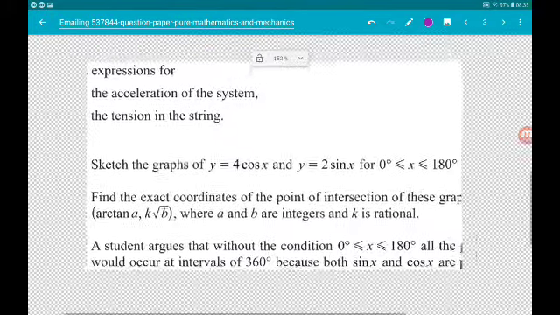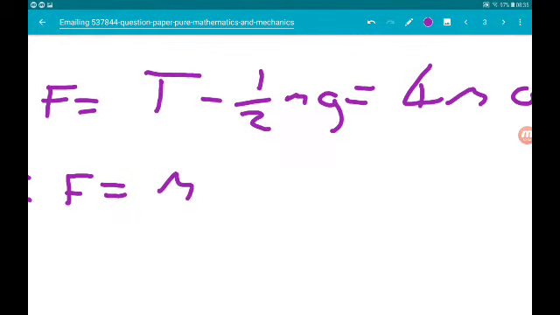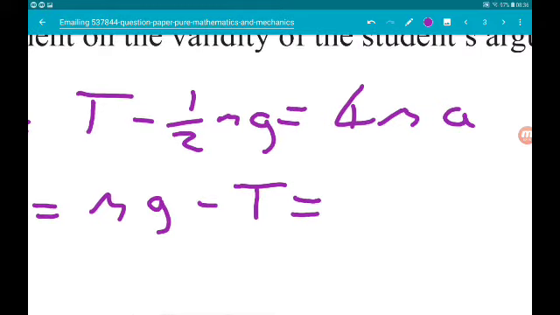So for the particle we say that mg minus tension, because the weight is winning and the tension is losing, so we take tension away from the weight. That is equal to the mass of the particle times the acceleration, so that's ma.